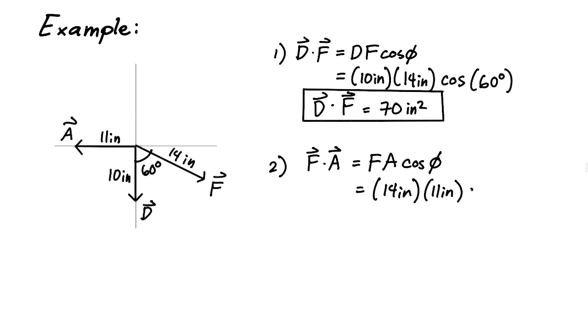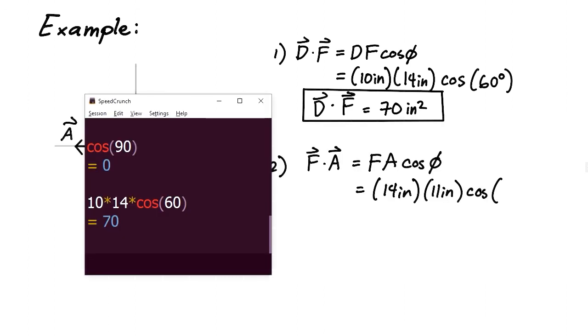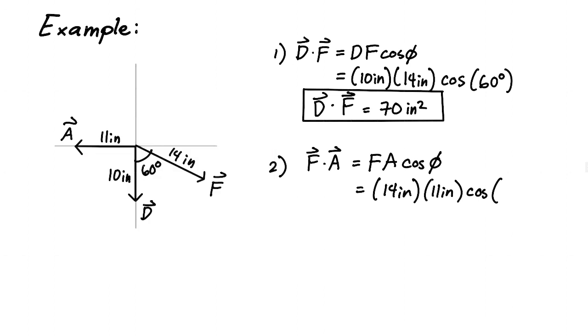Tapos let's multiply cosine ng angle between them. So what is the angle between A and F? Now, we know na merong 60 degrees dito. So we simply add itong angle na ito, and this angle here is 90 degrees. So the angle between them would be 90 plus 60, that is 150 degrees. So, let's put that here, 150 degrees.